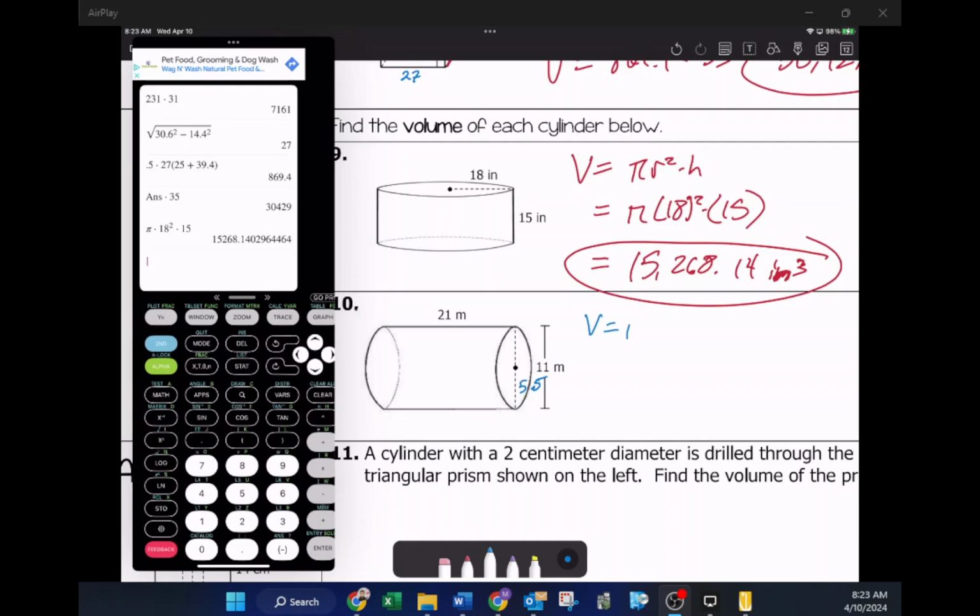So volume equals pi times 5.5 squared times 21. Which is 1995.7 meters cubed.